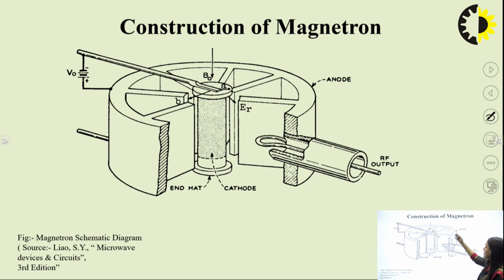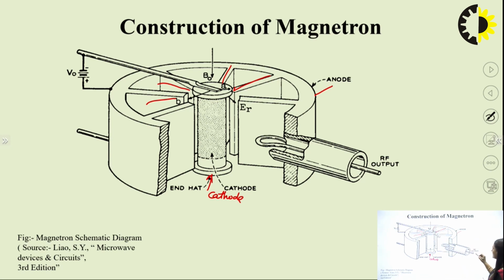So this is the construction of a magnetron. See here, it is cut from one side and this is the inner view of the magnetron. So this is the cathode, the center. Here in the center we have used one cathode and in these places we have put anodes. So these are the anodes. In the circular fashion, in the center there is a cathode and the circular anodes are connected across its circumference.